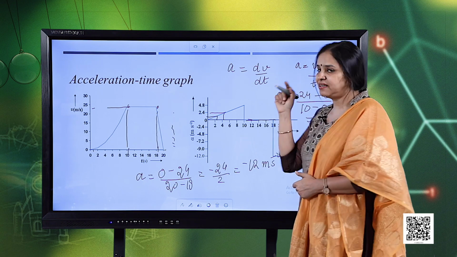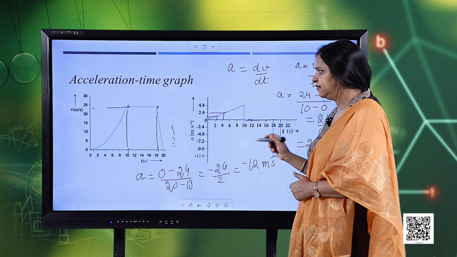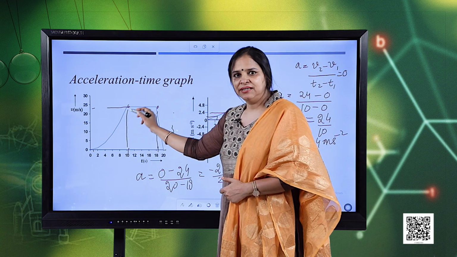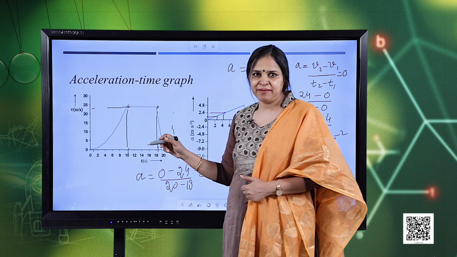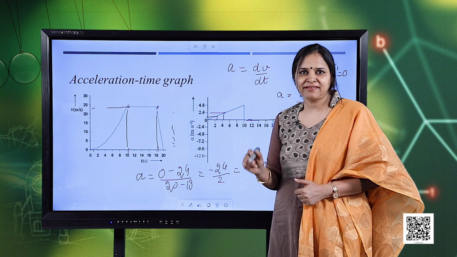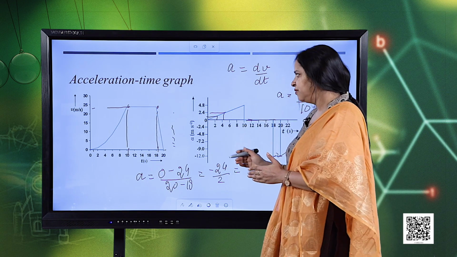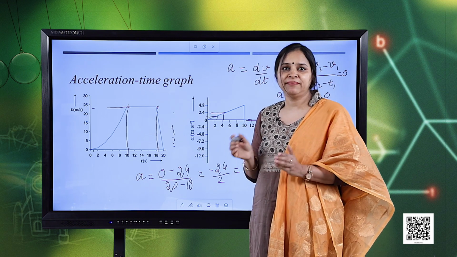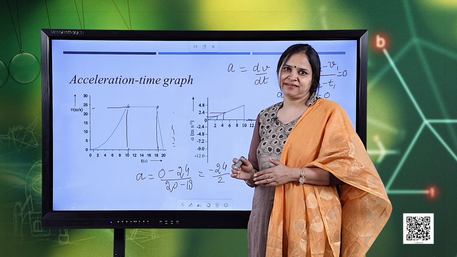So, this is the basic difference we need to understand: if the graph is a curve, then average acceleration will not be the same as the acceleration at different instants, but if the graph is a straight line inclined to the time axis, then it represents uniform acceleration.